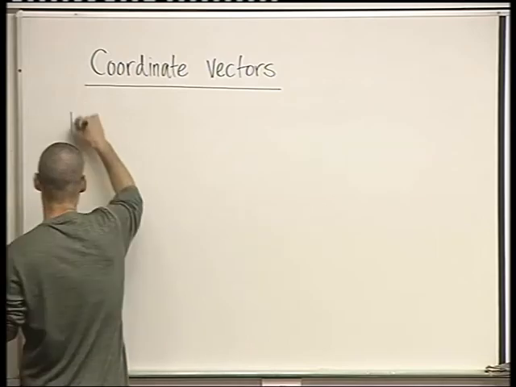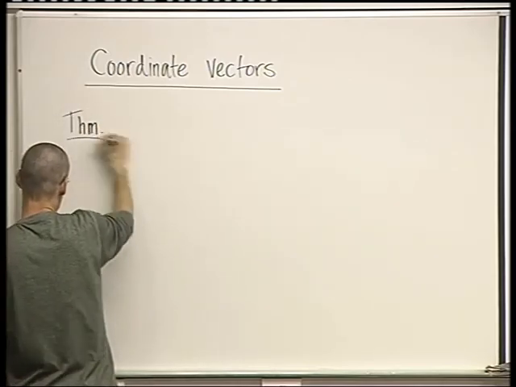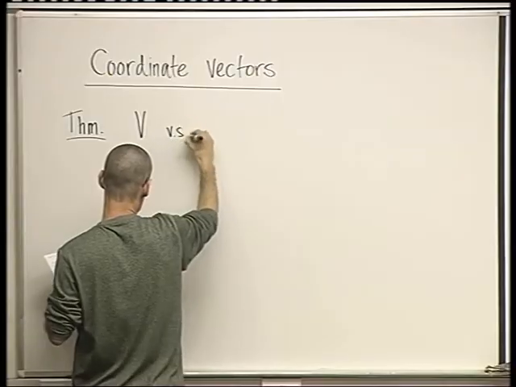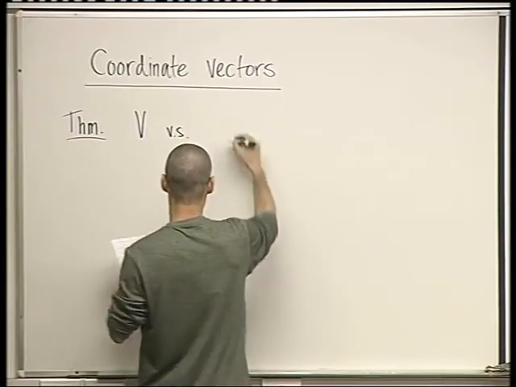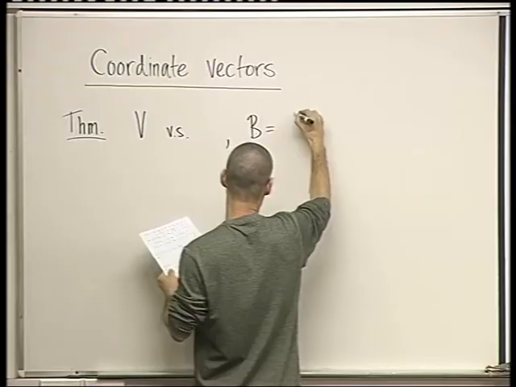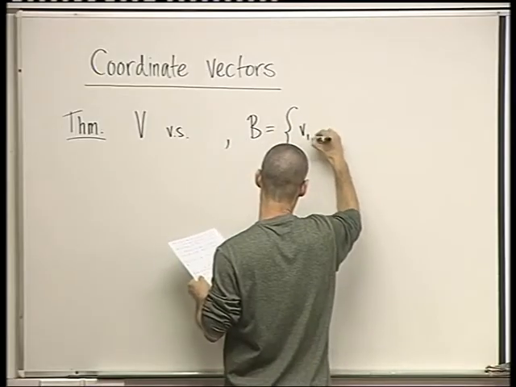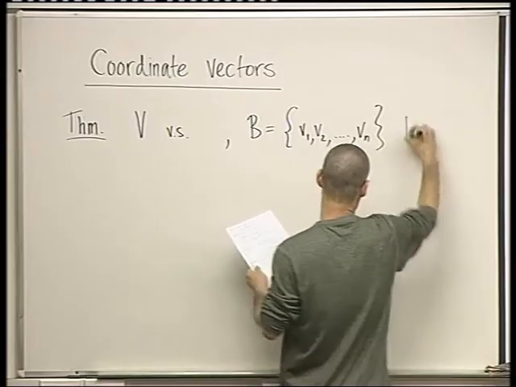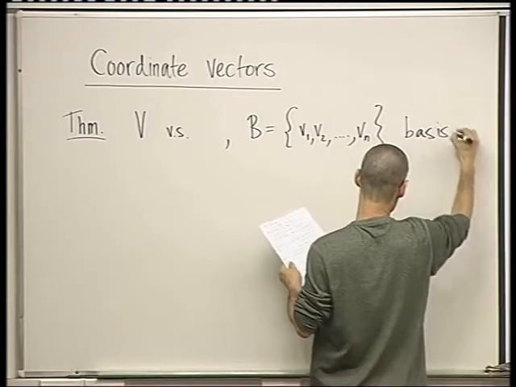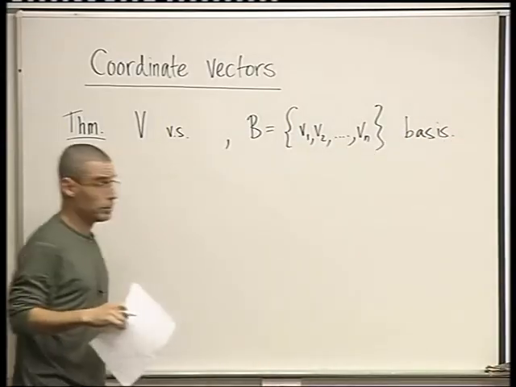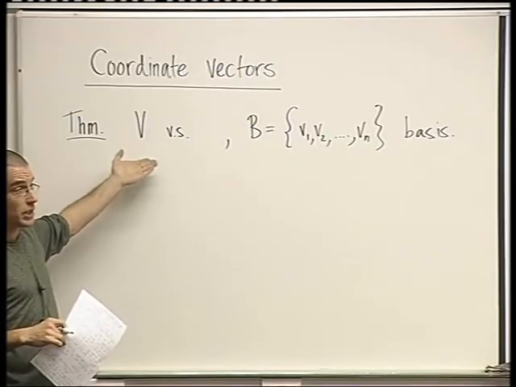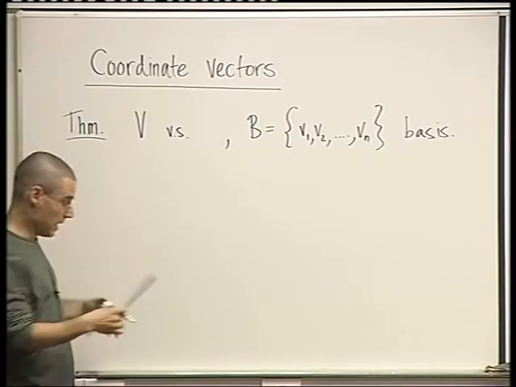So here's a theorem. This is not confusing. This is very easy. V is a vector space. B equals V1, V2 through Vn is a basis. So this automatically implies that we're looking at a finite dimensional vector space whose dimension is n, right?